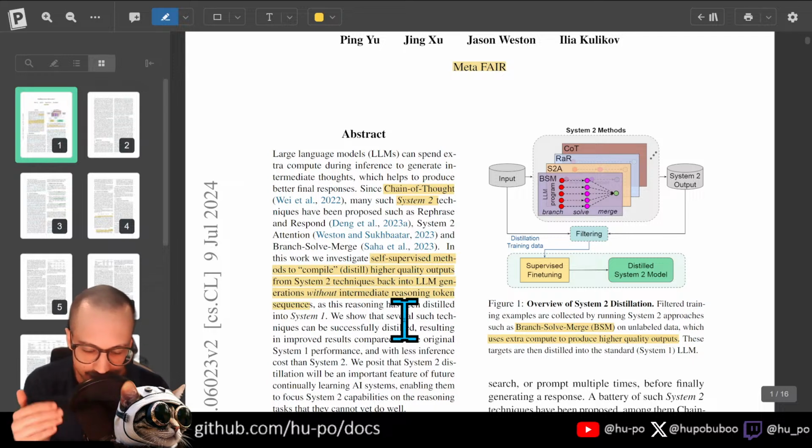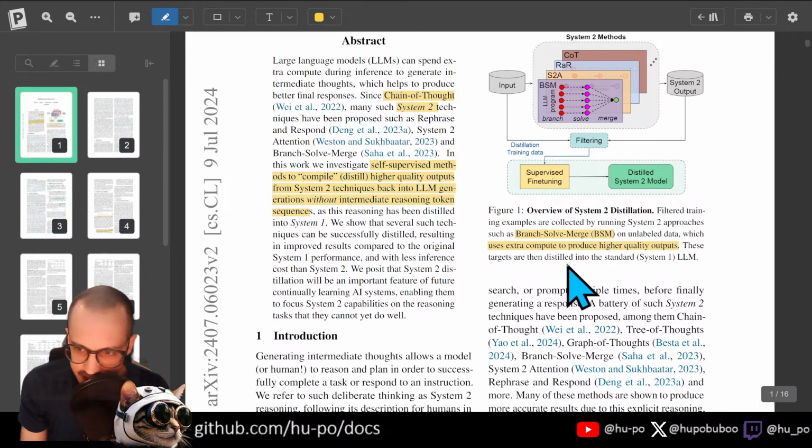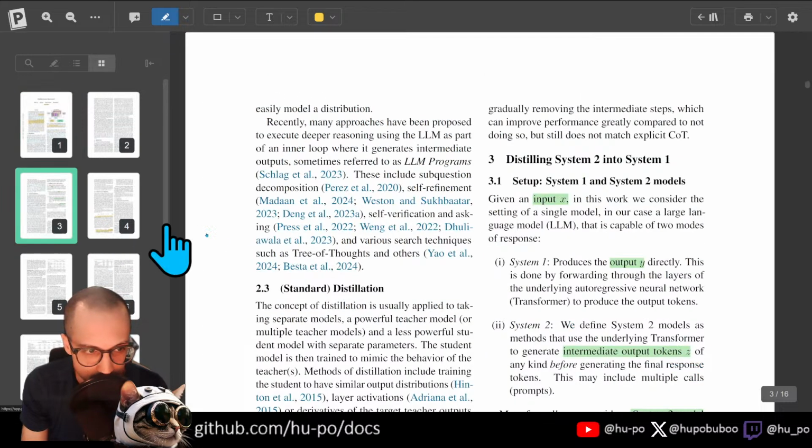System 1 is this more immediate, instinctual way of answering, and System 2 is when you actually stop and think about it in your head and create this MCTS kind of process where you're searching down different trees in your head, right? So this paper is about using chain of thought to generate higher quality outputs and then distilling those higher quality outputs back into a language model.